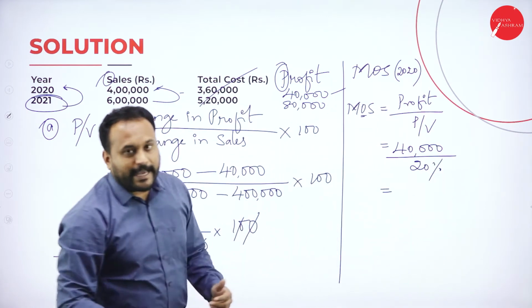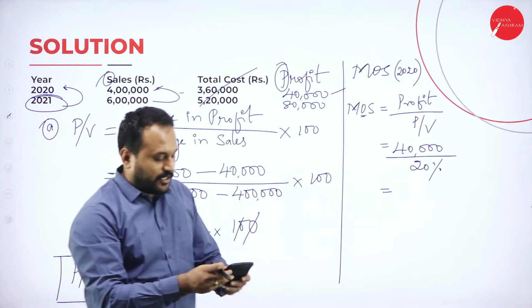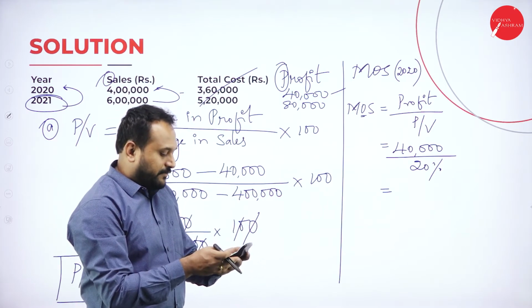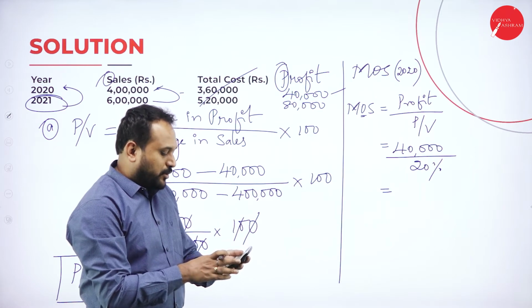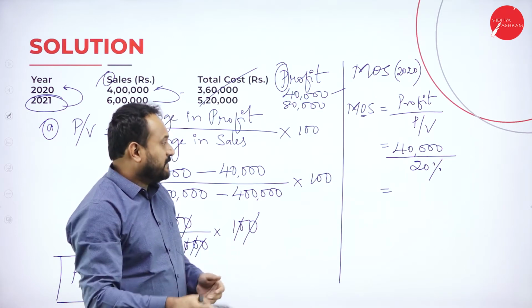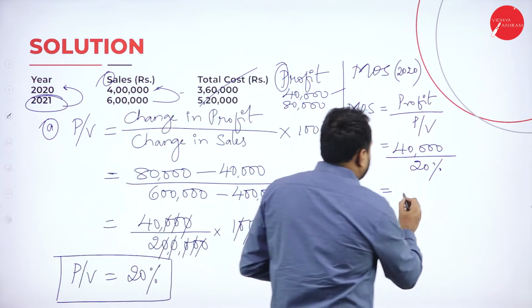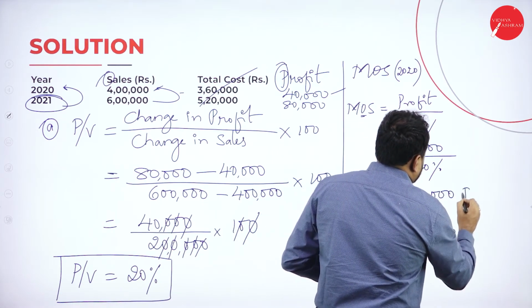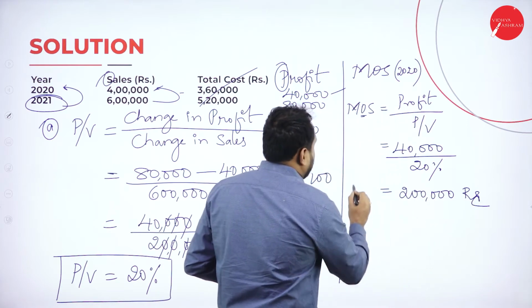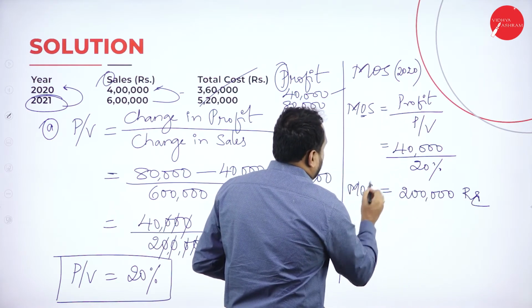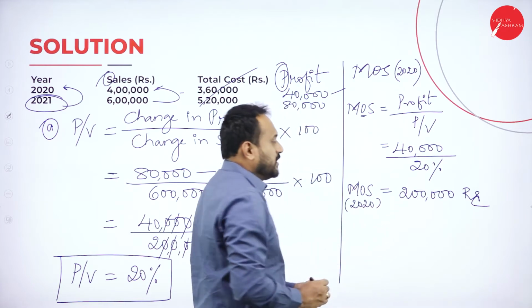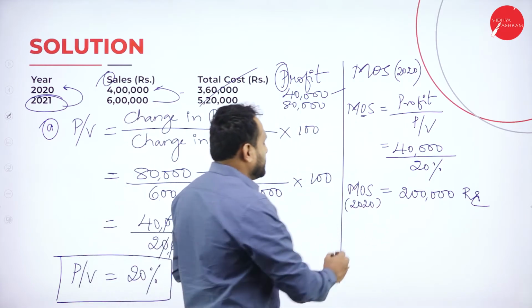Now take your calculator, 40,000 divided by 20%. So I have 2 lakh. So I'll write here 2 lakh rupees. That means my MOS of 2020 is 2 lakh rupees. So this is done.